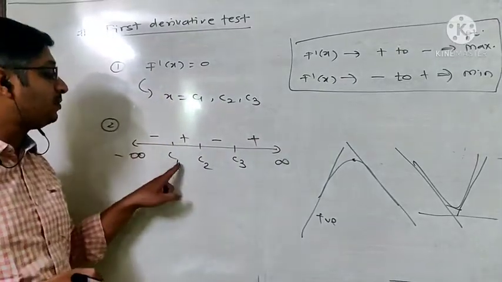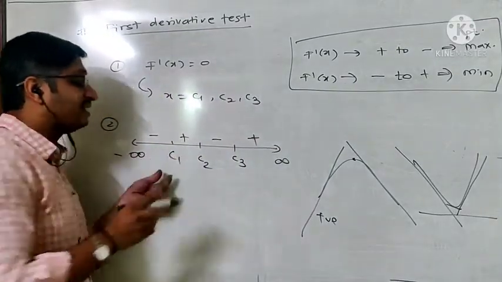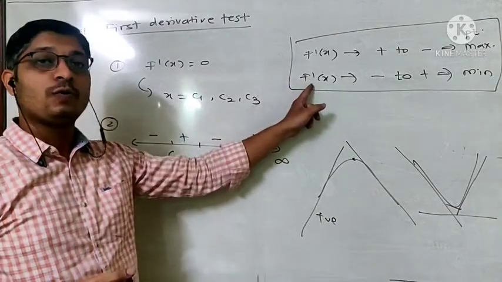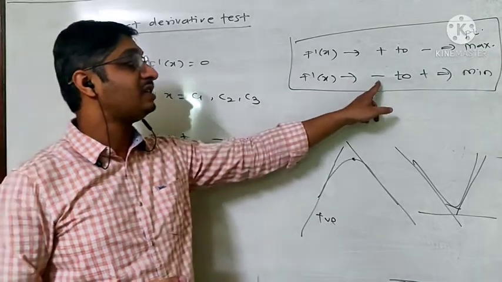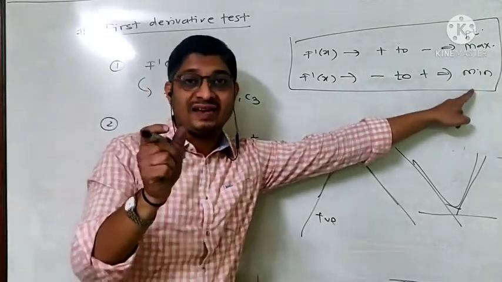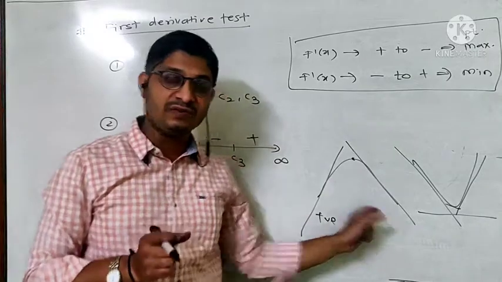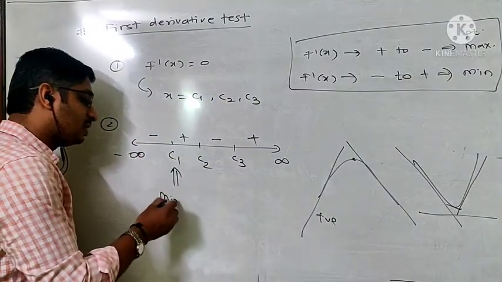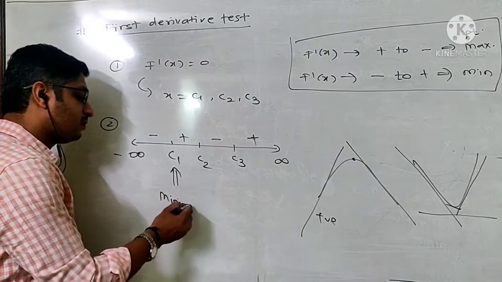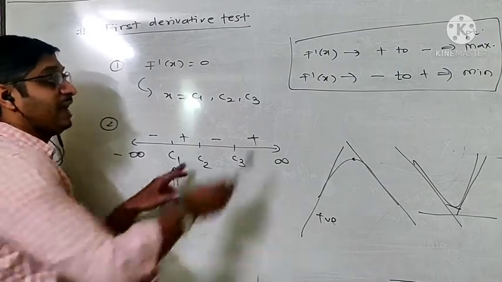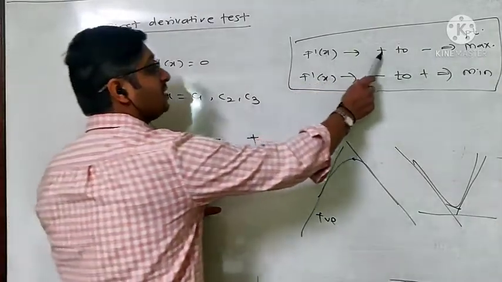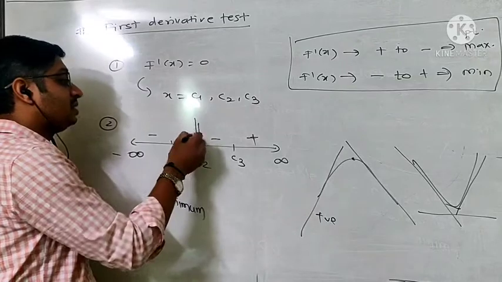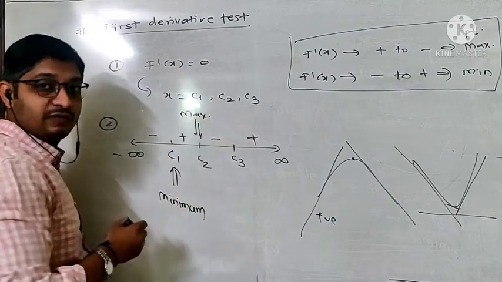So what will be the value of C1? Either this will be the local minimum or local maximum. Just look at this. What we have written is that f dash of x changes from minus to plus. That means at that point the function gives me the minimum value. So C1 is giving me the minimum value. At C2, f dash of x is changing from positive to negative, so this will be giving me the maximum value.